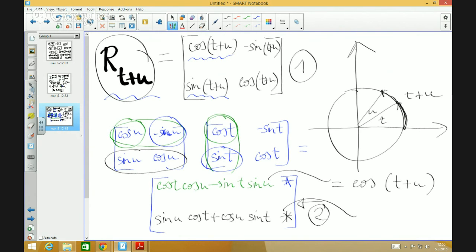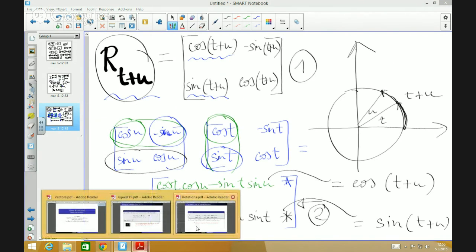And this entry here is nothing but the sine of t plus u. But you know what? These are exactly the two formulas that we were staring at before, the so-called sum rules of trigonometry. If you don't believe me, look at the slide.